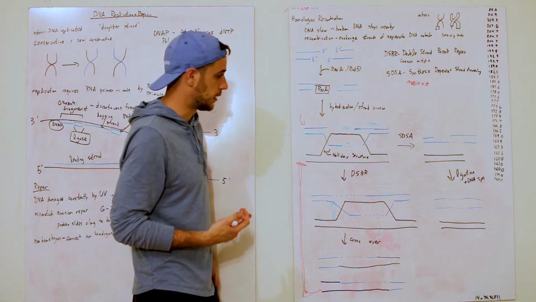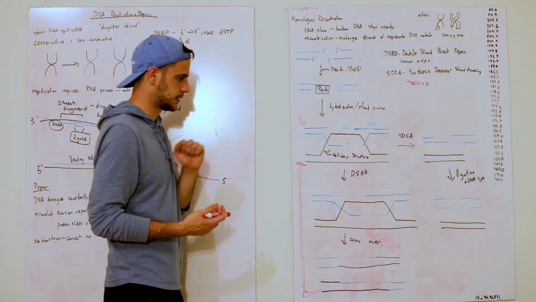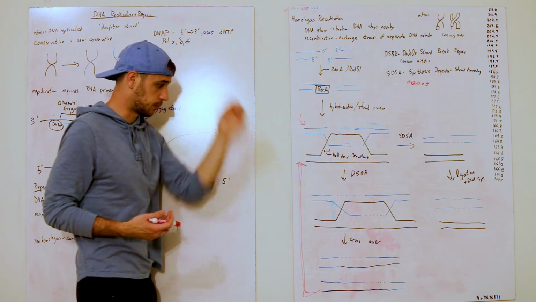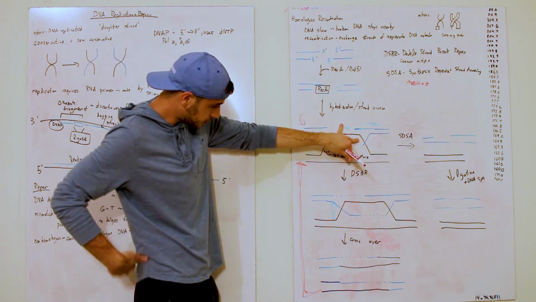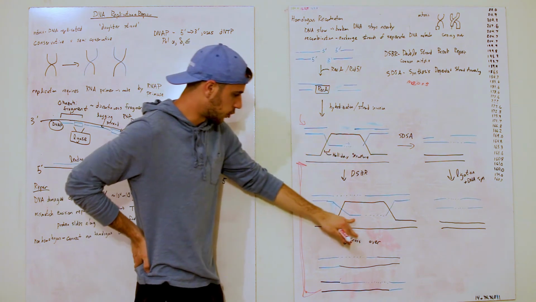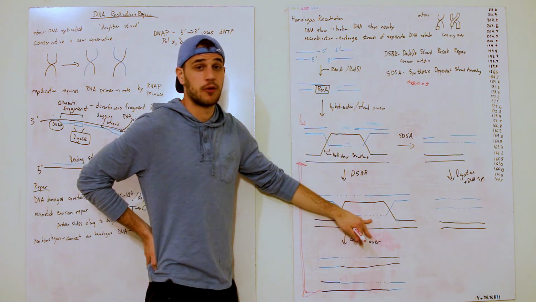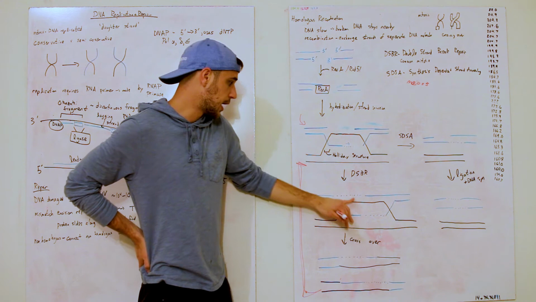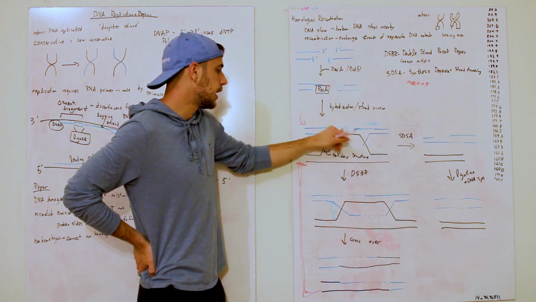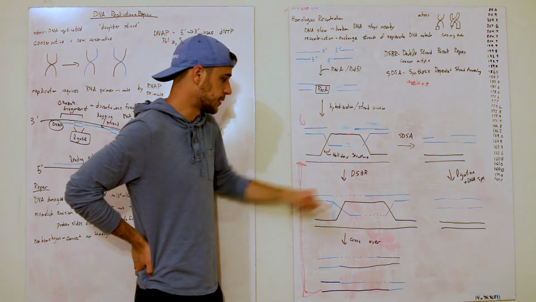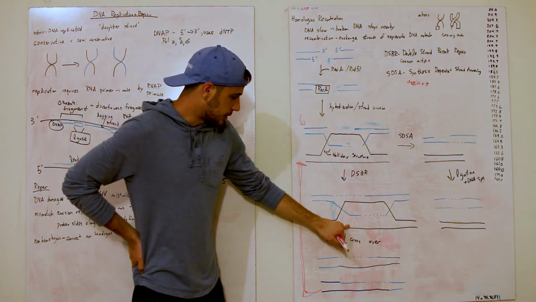But typically in cells, this is the one that happens: double strand break repair. So you have all of these finished by just forming the Watson-Crick base pairs. So you have gained the original sequence because you have this guy crossing over and this guy forming the Watson-Crick base pairs with that, and that guy with that.